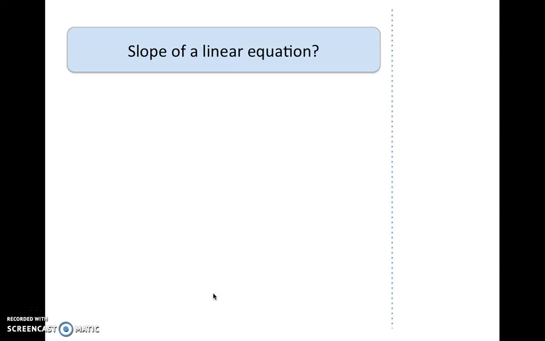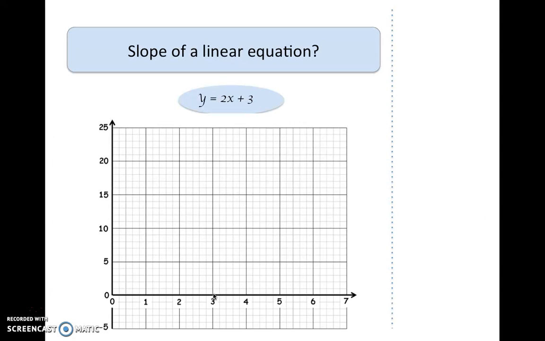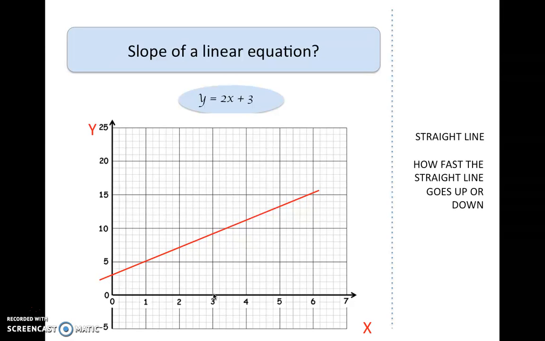When we bring this back to the linear equation, it says the same. So we are working with a straight line, and when we talk about the slope of the line, it actually tells us or expresses how fast the straight line goes up or down. In this case, for 1 unit x, we go up 2 units on the y.